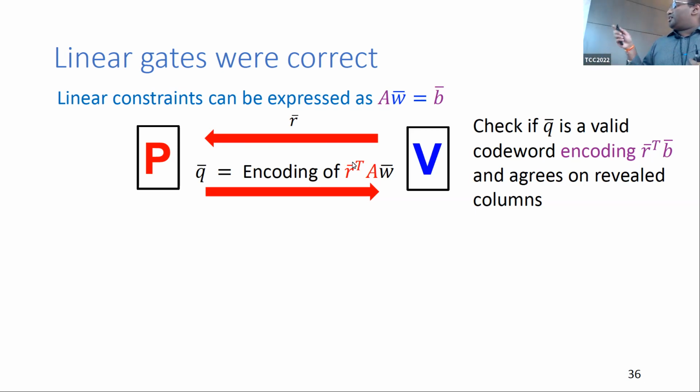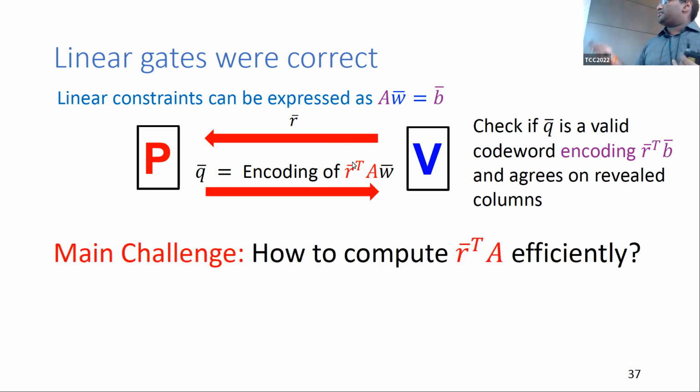And now the test is that the verifier will send a random vector or a challenge R to the prover, and the prover will compute an encoding of R^T A W. And now the verifier will just check whether the encoding Q is a valid code word encoding R^T B, and it agrees on the columns of the proof oracle.